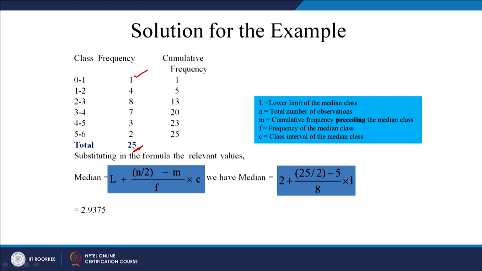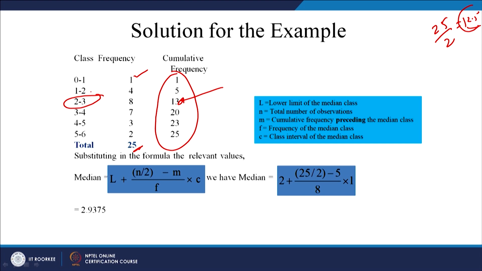Now, what is the median value? It is 50% of the data, right. So, 25 divided by 2, this is 12.5. Where does this 12.5 lie in this particular column? 12.5 lies here, right. So, this is your median class, 2 to 3.